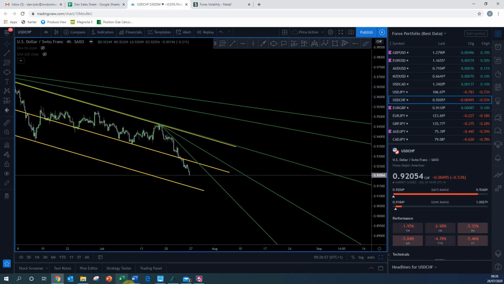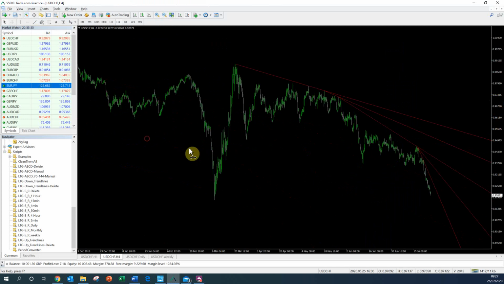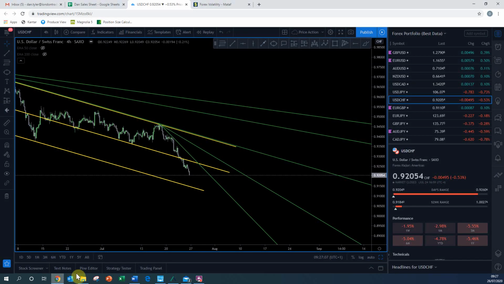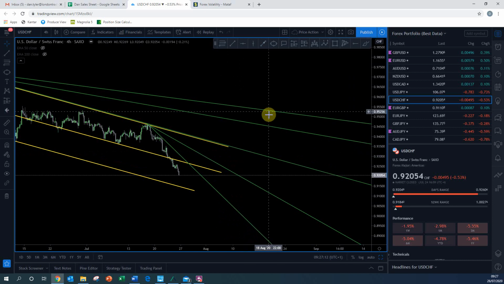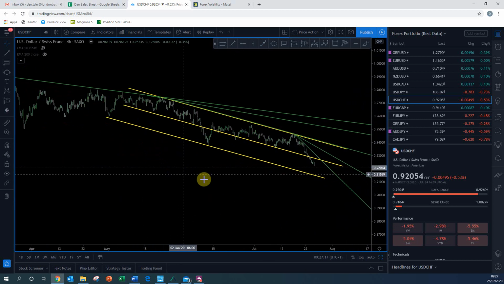So now we compare these to MetaTrader 4, and they look pretty similar to me actually. We've got 1, 2, 3, 4, 5. 1, 2, 3, 4, 5. Perfect. So I'm happy with these trend lines on TradingView now.